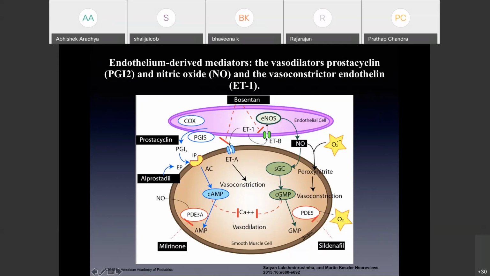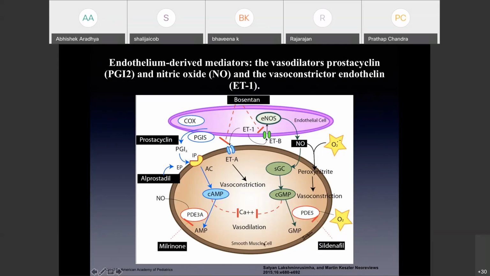So cyclical AMP and cyclical GMP are formed by different mechanisms, but both result in vasodilatation by reducing the influx of calcium. What happens to cyclical AMP and GMP? They become AMP and GMP respectively through the phosphodiesterase 3 enzyme or the phosphodiesterase 5 enzyme.